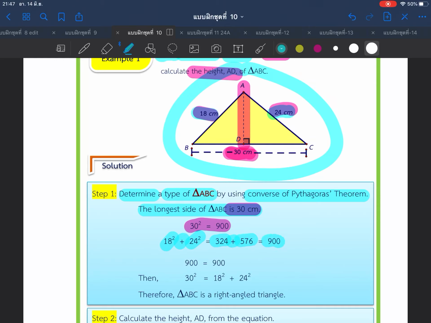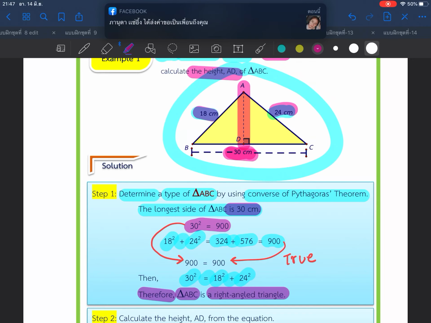So the left hand side is 900, the right hand side is 900, it is true, right? Then we can say that 30 square equals 18 square add 24 square. Therefore triangle ABC is a right angle triangle.